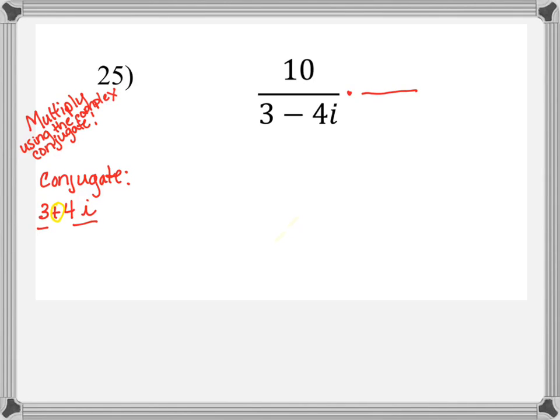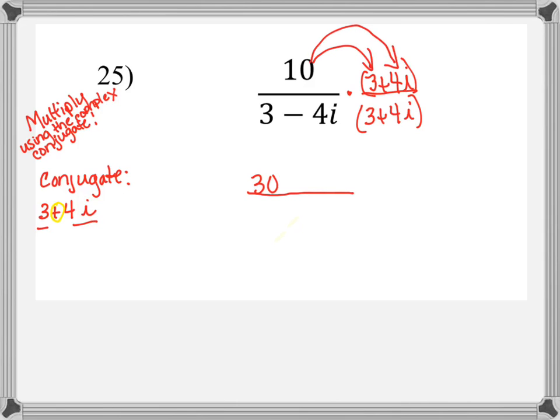So now we're going to take our original problem and multiply by a fraction where that complex conjugate is in the numerator and the denominator. And we will multiply the numerators and multiply the denominators. When we multiply the numerators, and having parentheses is needed, we will get 10 times 3 is 30. 10 times 4i is plus 40i.